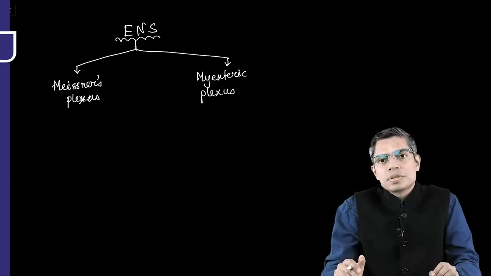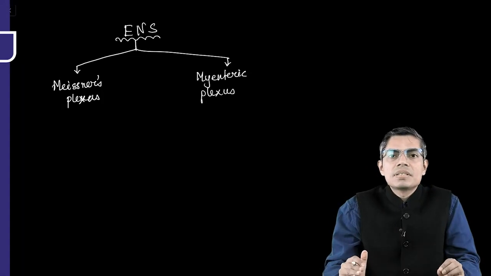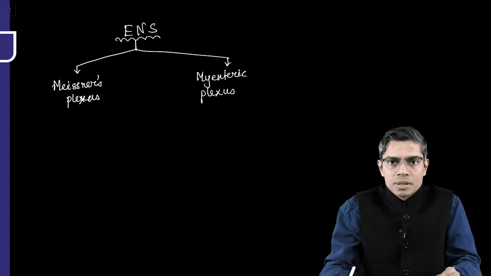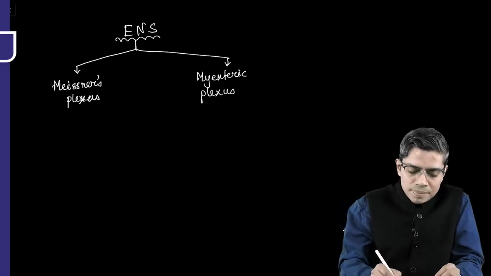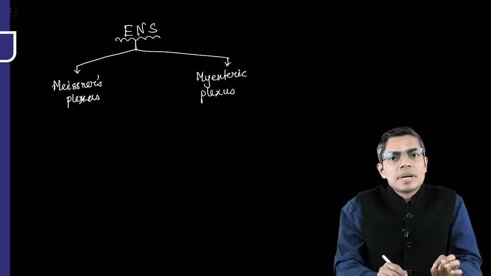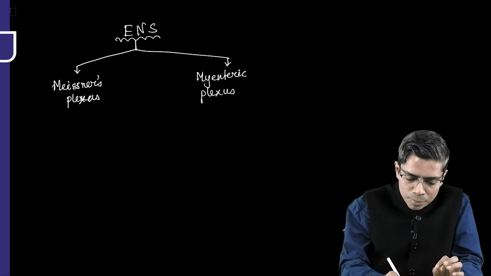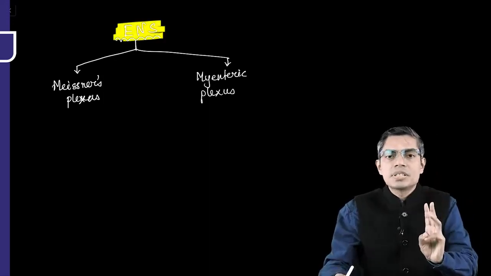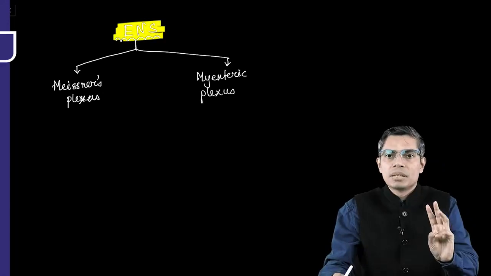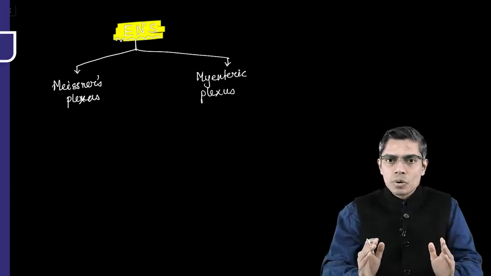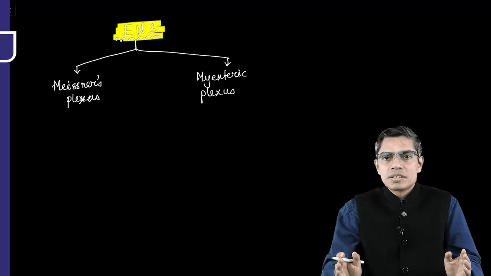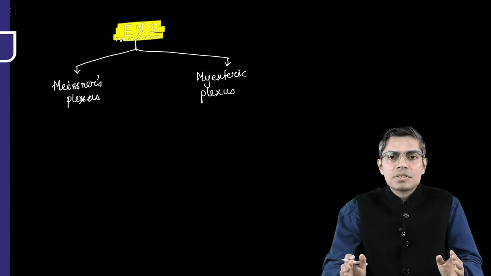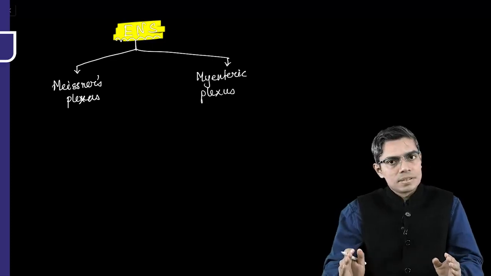In some of the books, they are saying the enteric nervous system is the third part of autonomic nervous system. We know that autonomic nervous system is nothing but sympathetic and parasympathetic division. Some books are saying that enteric nervous system is the third division of autonomic nervous system, and it is located only within the layers of the GIT. That's why this is known as enteric nervous system.